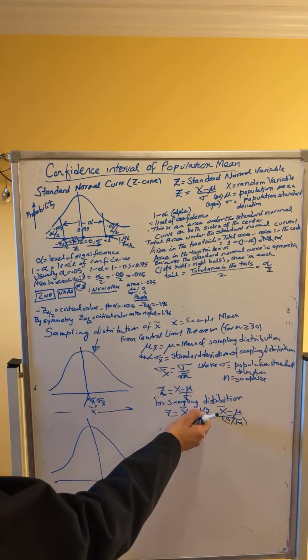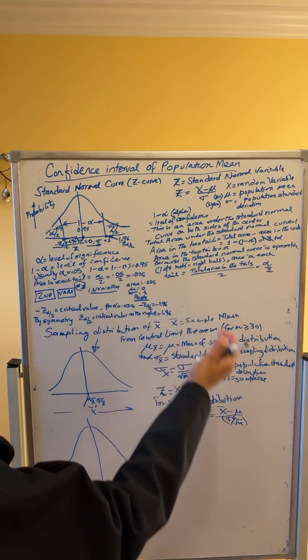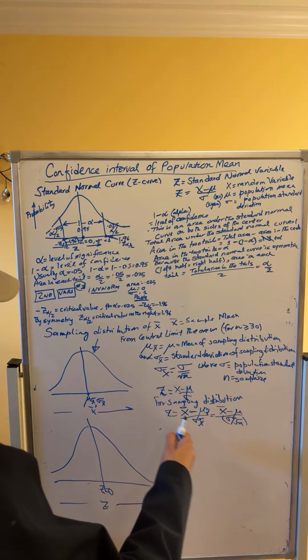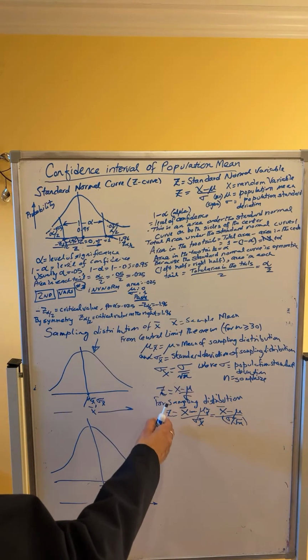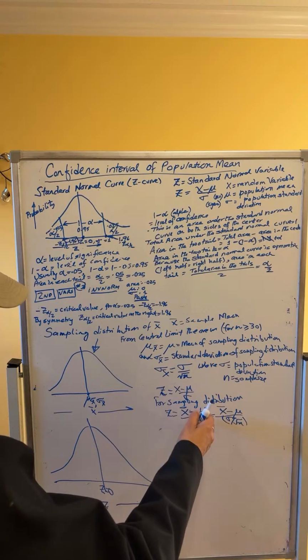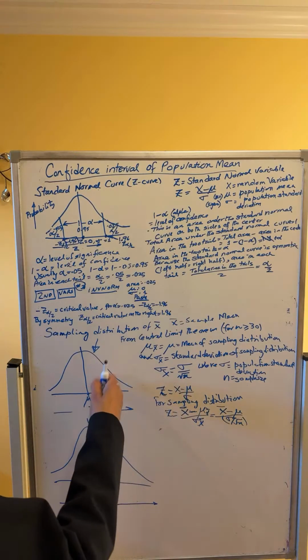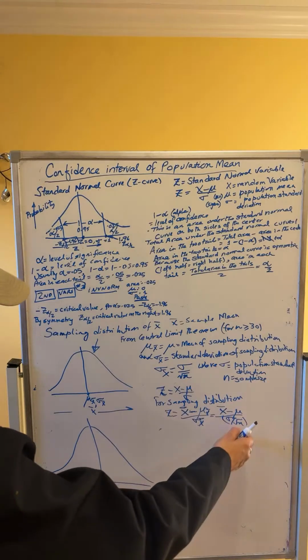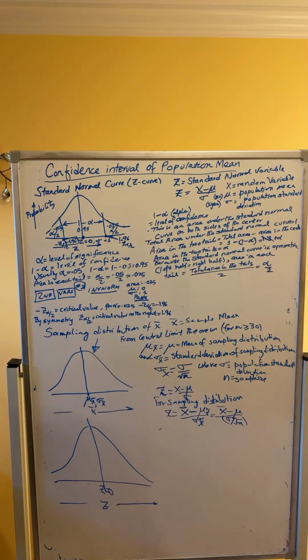So we have replaced mu x bar by mu. This is when we are working with the sampling distribution of x bar. The standard normal variable is defined like that, and sigma x bar is the standard deviation of the sampling distribution, which is the standard deviation of the population divided by the square root of n.